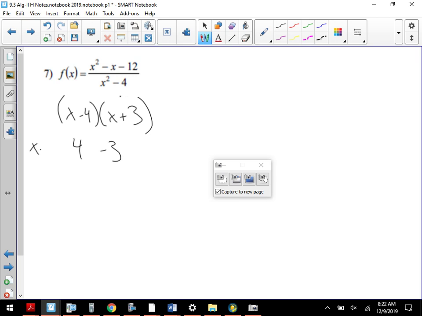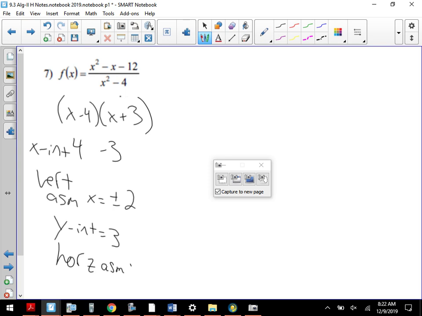So your x-intercepts, vertical asymptotes at plus or minus 2. Your y-intercept is at 3. And then your horizontal asymptote is at y equals 1.